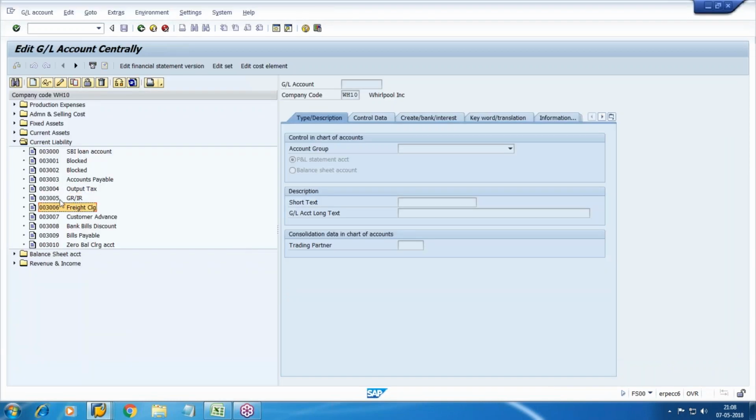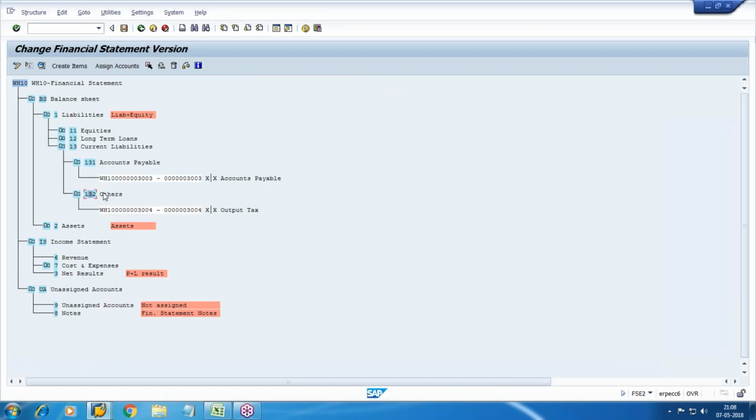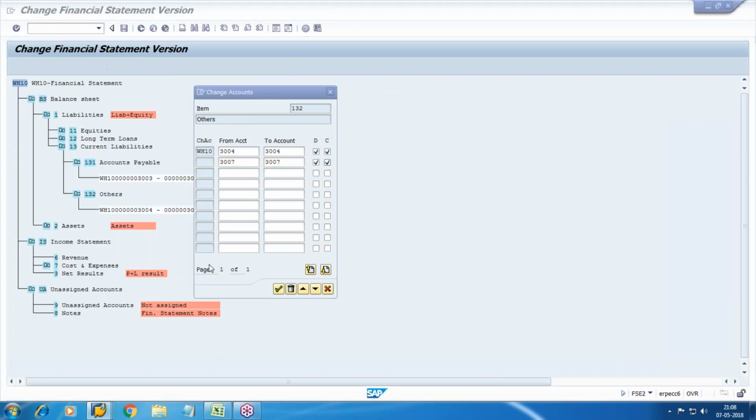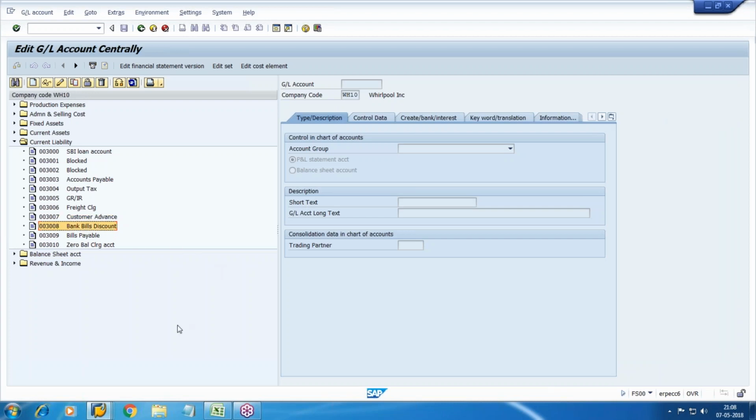These are clearing accounts, so it should be zero balance. Customer advance liability, put it on the other. 3007. This should be 0. Bills payable.